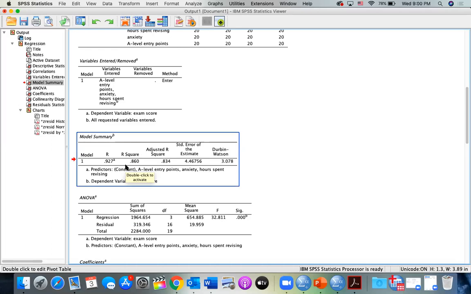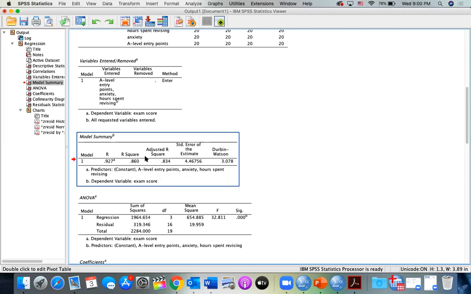And sometimes we add so many predictors in our model. So adjusted R square will be the best value that you should report in your study. So adjusted R square is just adjusting for the number of predictors in your model.